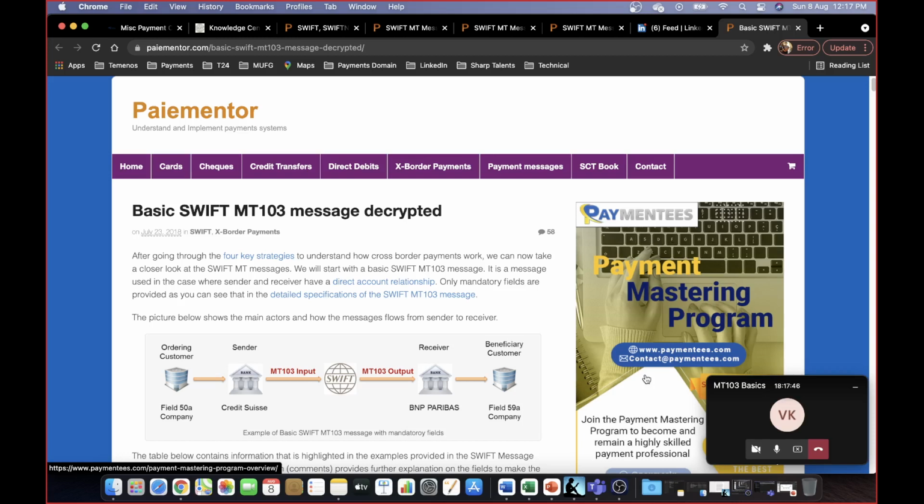You will have an ordering customer, a sending bank, a receiving bank, and a beneficiary customer. The ordering customer is debited, the receiver's bank's Nostro, Mirror Nostro, or a Vostro account is credited, and then the payment is sent to the receiver, and the receiver debits the Mirror Nostro and credits the beneficiary customer.